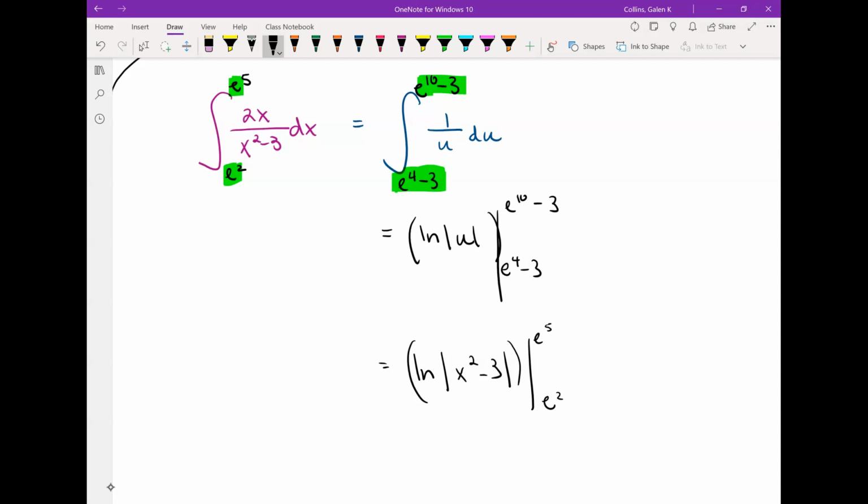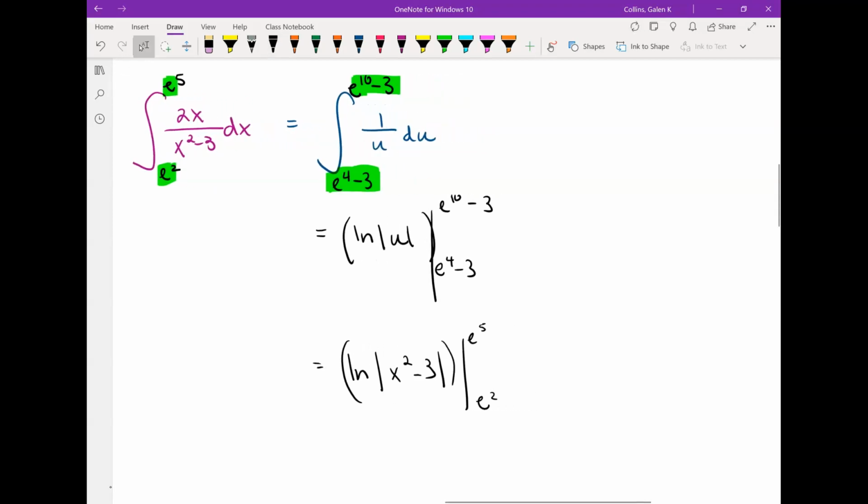Now, I don't know what's easier. I think often leaving it in terms of u is easier, but either way, the math is going to be the same.